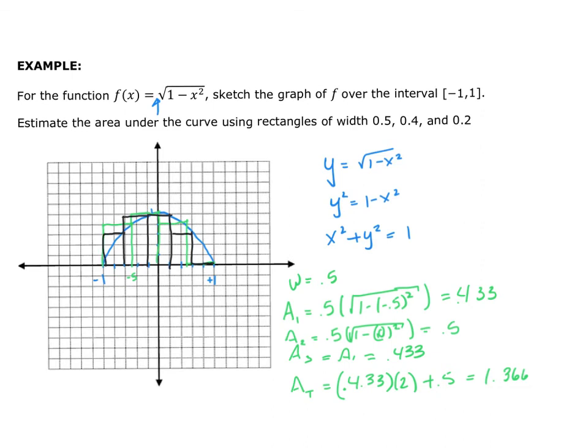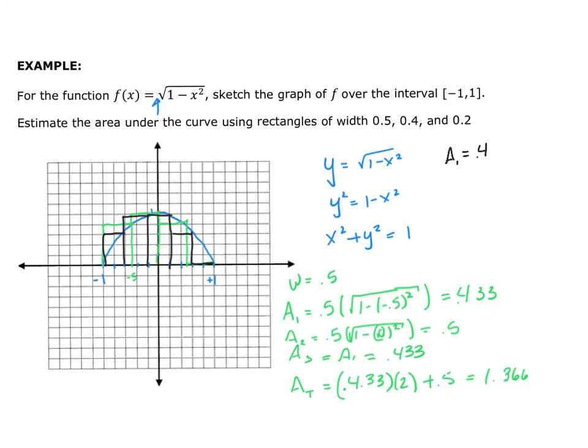As we explore this idea further later in the quarter, we're going to discover that sometimes we're going to have less error when we use the left, the right, or the midpoint. So right now, though, we're just going to use the right just because I can, and it's not telling me any other way. So let's go ahead and find the area sub 1, which is going to be my width, which is 0.4.